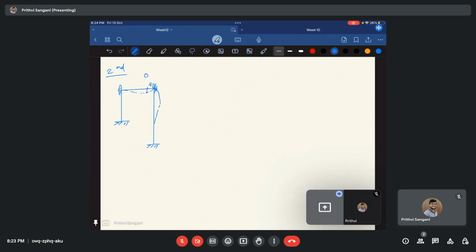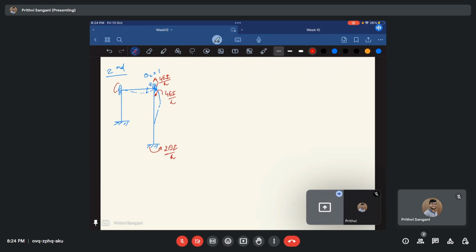Okay, so this is theta 2 equal to 1. So this will generate a moment of how much? 4 EI by H. Okay, and this is 4 EI by H, and this is 2 EI by H.